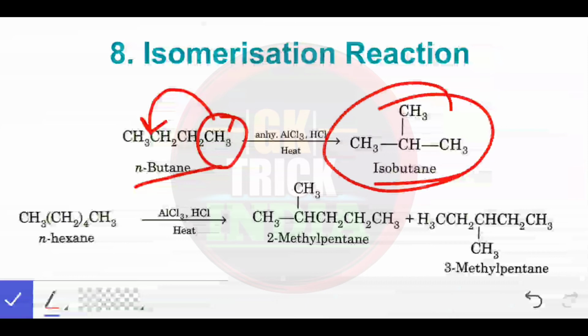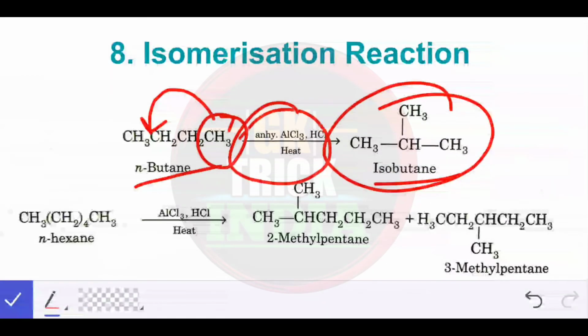Here in this reaction, alkane is isomerized to branch chain alkanes when heated with anhydrous aluminum chloride. Note that it is anhydrous and water is not used in this reaction. Anhydrous aluminum chloride and hydrogen chloride gas at 573 Kelvin under pressure of about 30 to 35 atmosphere.